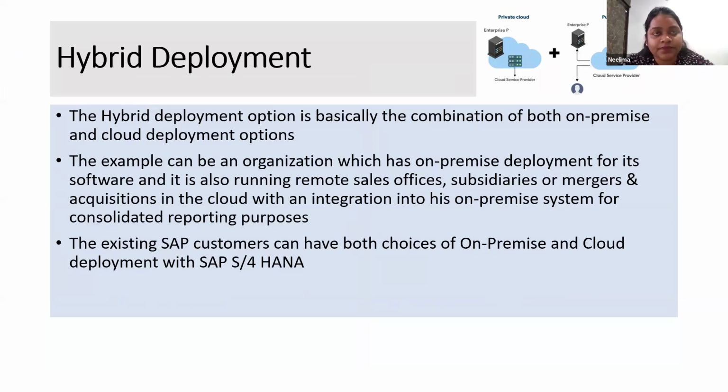For example, an organization may keep its core system in an on-premise data center, but run its remote sales offices, subsidiaries, or newly acquired companies in the cloud. Both systems are integrated so that all data can be consolidated for reporting and analysis. That means whatever data we are entering, whatever transactions we are posting, whatever master data is maintained on-premise can also be seen on the cloud as well.